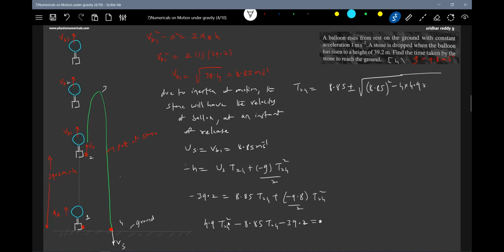This will be minus b, plus or minus the square root, of this quadratic equation we are solving. Divided by 2 into 4.9. So 8.85 whole square. I'll try my level best; even the calculator will take some time.